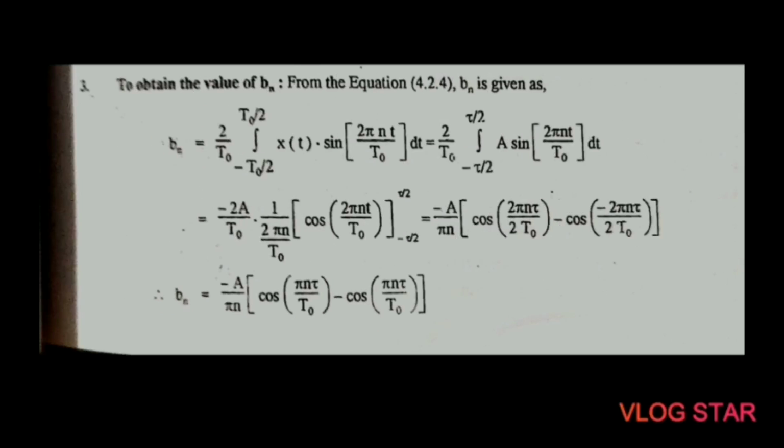But before that, we have to see the value of bn. As we know, cos of pi n tau divided by t0 minus cos of pi n tau divided by t0 is 0. So this equation becomes 0. Whenever this 0 is multiplied with minus a divided by pi n, the value of bn becomes 0.